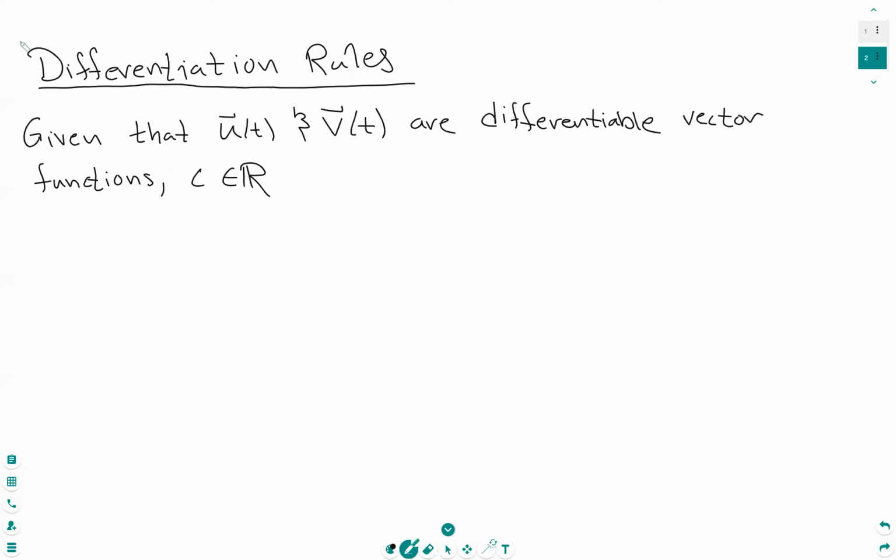So this is c exists in the reals. And f of t is a differentiable function. So it's a differentiable scalar function. So here are some of our rules.